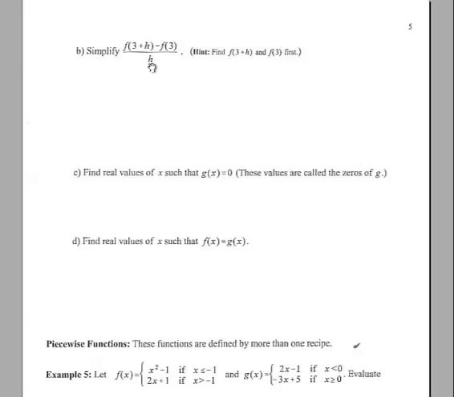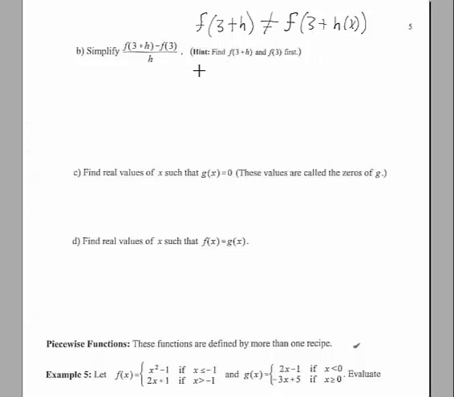H in this case is only a variable. Okay, f of 3 plus h is not the same thing as f of 3 plus h of x. These are different. This h is a variable. This is referring to the function.